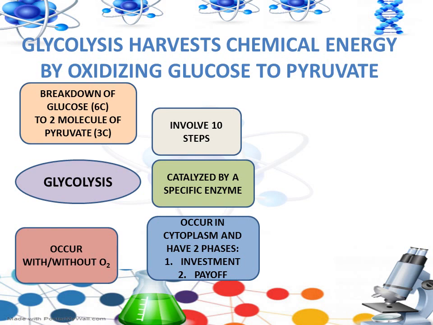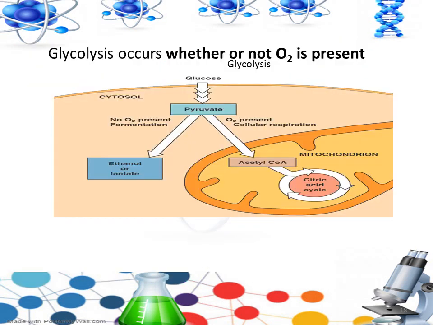Okay, and bear in mind, glycolysis can happen with the presence of oxygen and also with the absence of oxygen. If there's no oxygen present, what will happen?